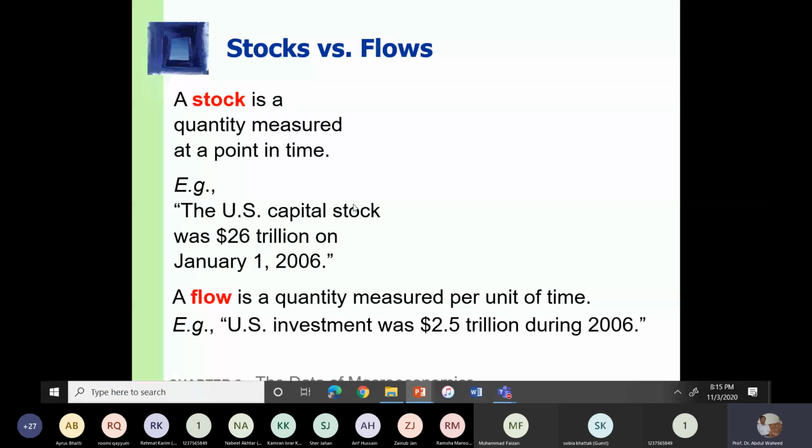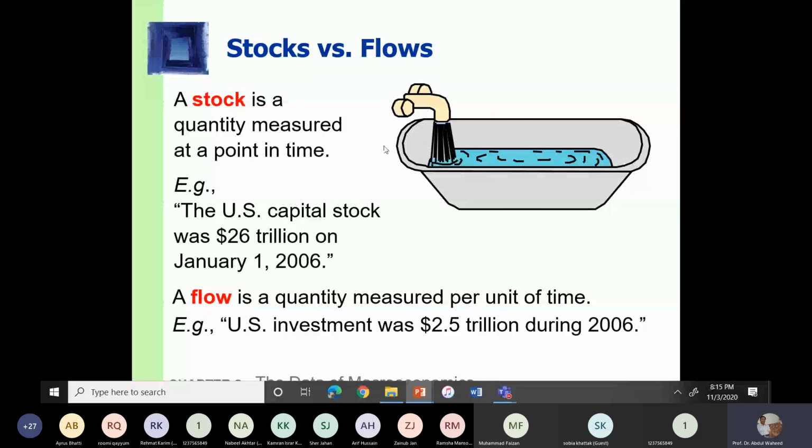So in macroeconomics, we study the flow variable and we also study the stock variable, and you should be clear about whether a variable is a flow variable or a stock variable. Like I will show you here. This is a flow, no? Water coming in, and in the tap there is a stock of water.